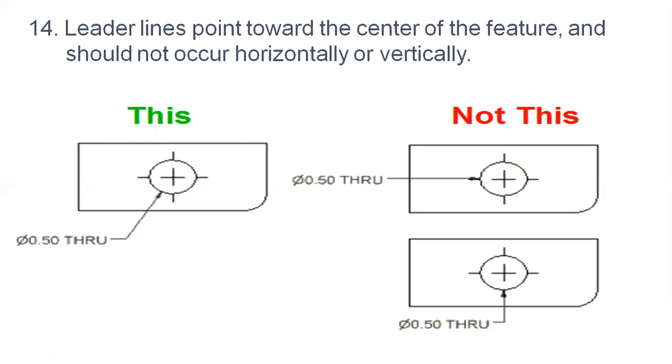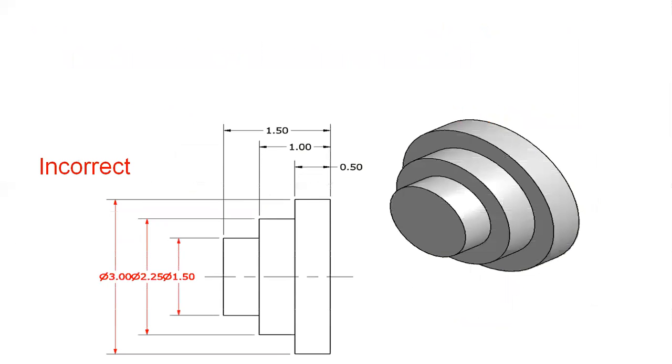In this diagram, on the left-hand side is the correct way of showing the leader line, and on the right-hand side, you should not show the leader line vertically or horizontally. Always show the leader line with respect to the hole or the arc using a 30 to 45 degree standard angle with respect to the baseline. So this is the 14th rule.